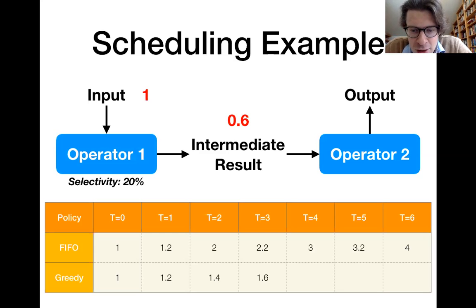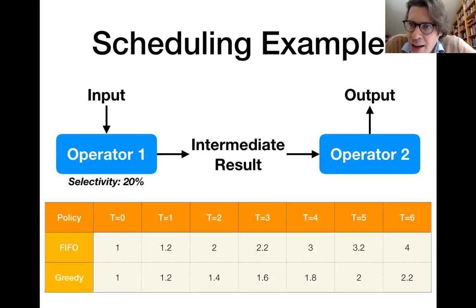So now in total, we're at 1.6. And again, this is a lower number of batches than I had stored with the FIFO strategy. So here, selecting greedily pays off. And if I continue this and fast forward and fill in the remaining fields in the table below, then you see this development. I keep increasing the number of tuples by 0.2.